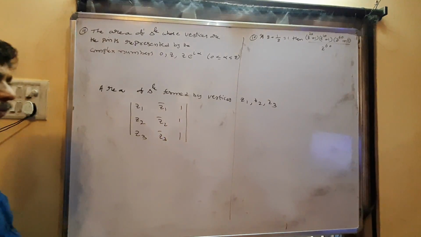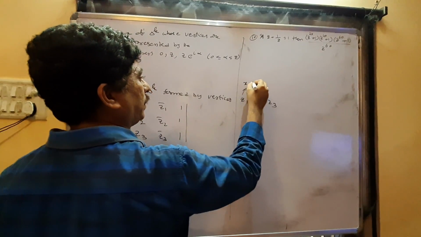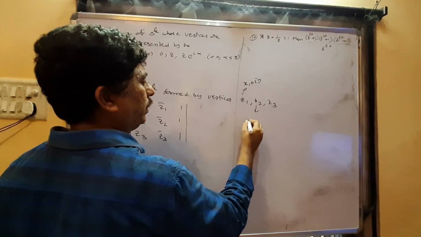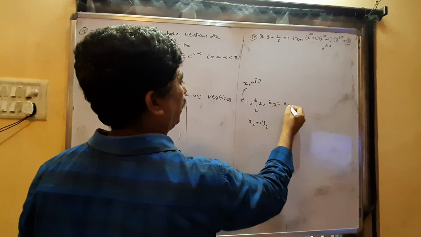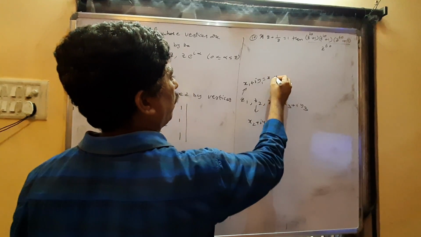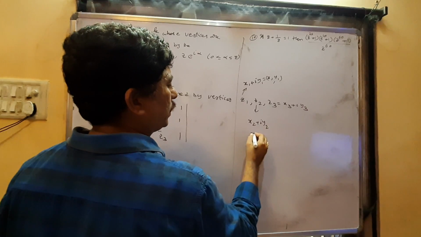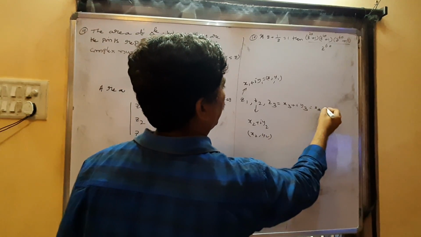Otherwise, z1 is x1 + i y1, z2 is x2 + i y2, z3 is x3 + i y3. So these are the points (x1, y1), (x2, y2), (x3, y3).